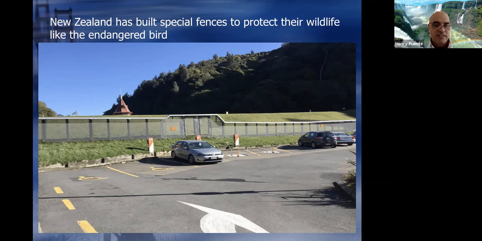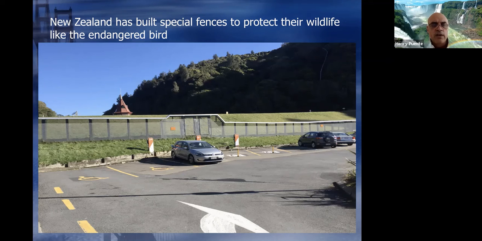And these rats and cats and dogs were essentially in paradise because none of these birds could get away from them, because they couldn't fly away. And so a lot of the wildlife in New Zealand is critically endangered, and the takahe is one of them.